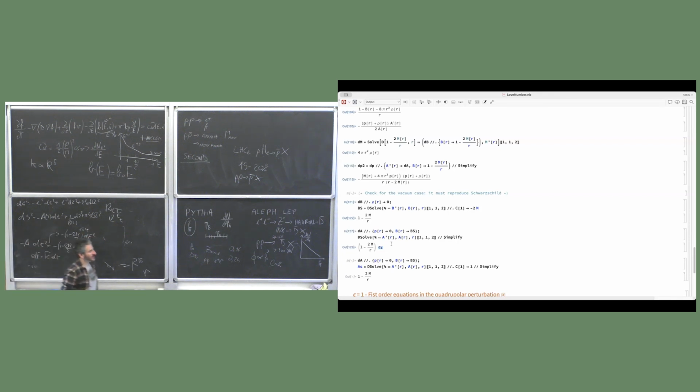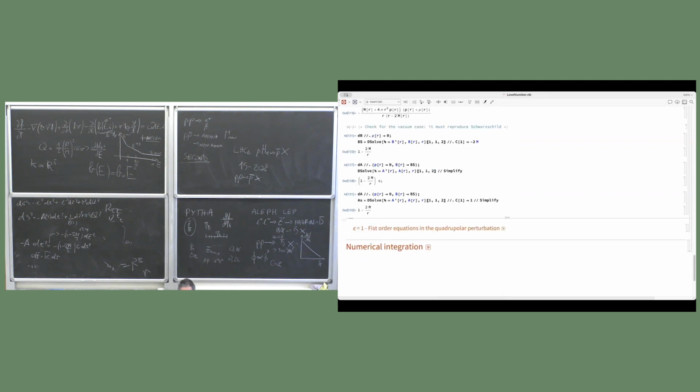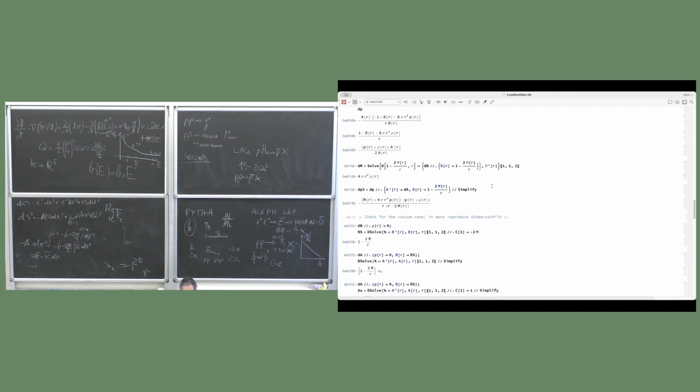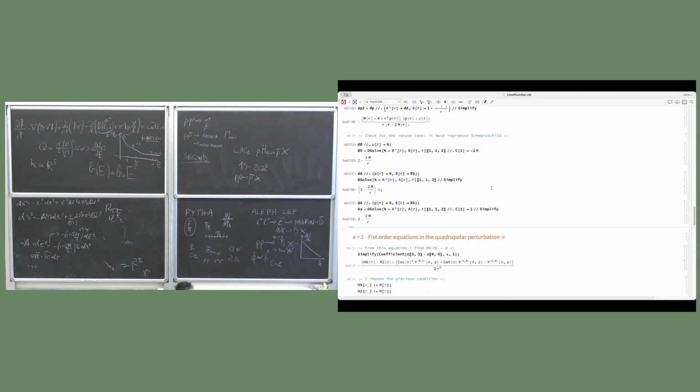This operation is just made here, setting the constant equal to 1. So in vacuum, everything will just reproduce Schwarzschild. Okay? All right. Of course, we don't have Schwarzschild everywhere. So for us, A and B will be just dummy functions of R because they need to be integrated numerically. Only in vacuum, outside the star, will we have the specific value.